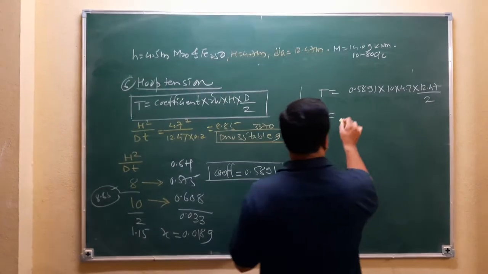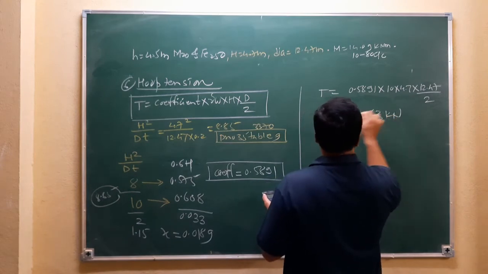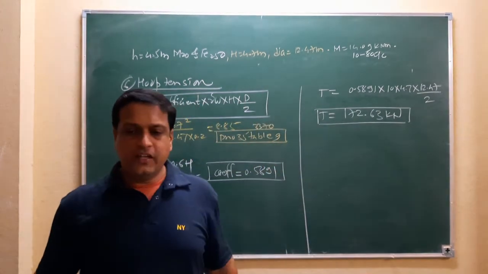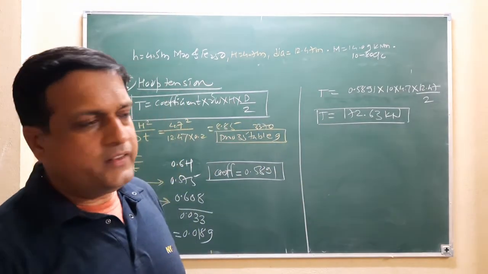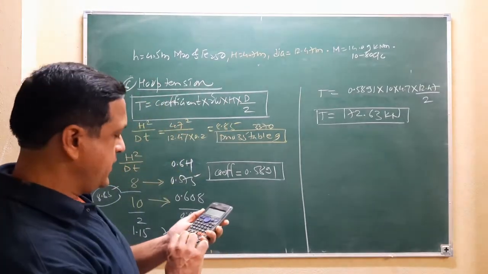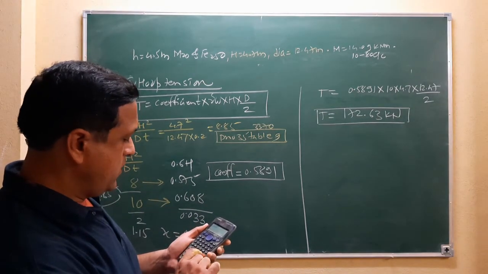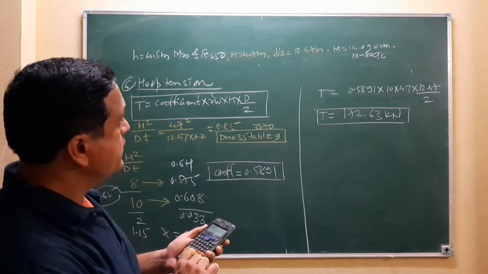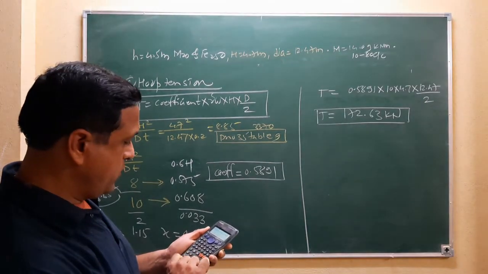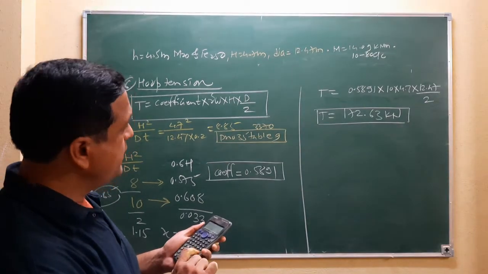The value is 172.63 kilonewton. For this value you have to provide the hoop steel as well as check your thickness of wall. I will check it again: 0.5891 into 10 into 4.7 into 12.47 divided by 2. It is 172.6.